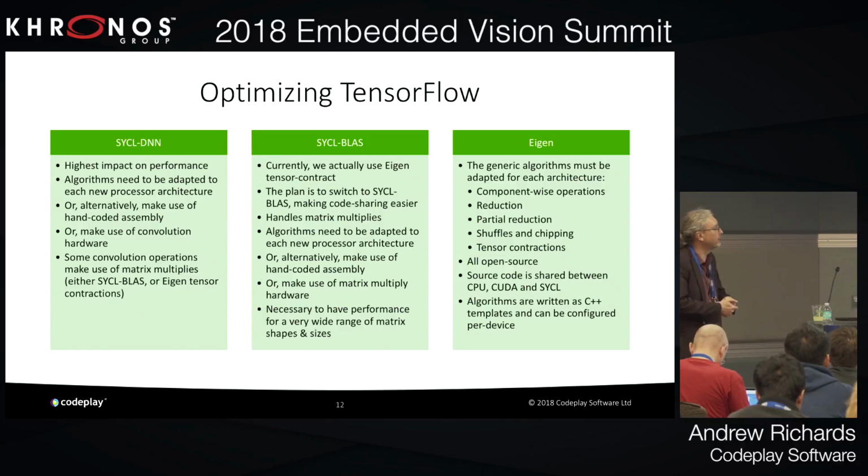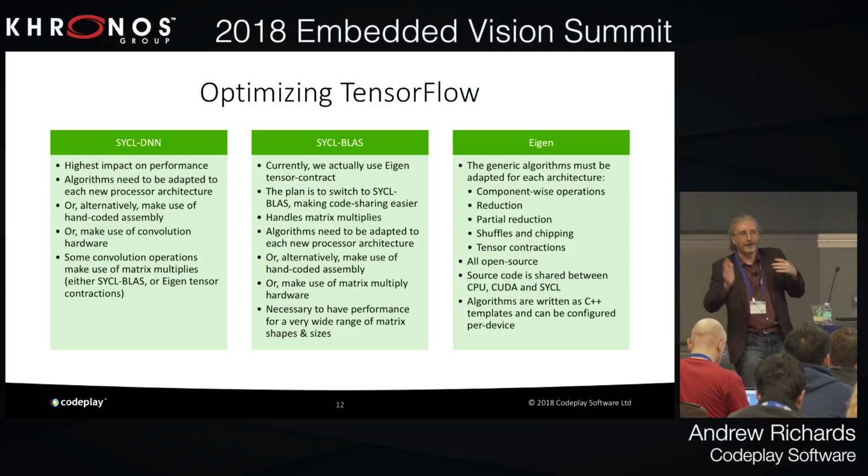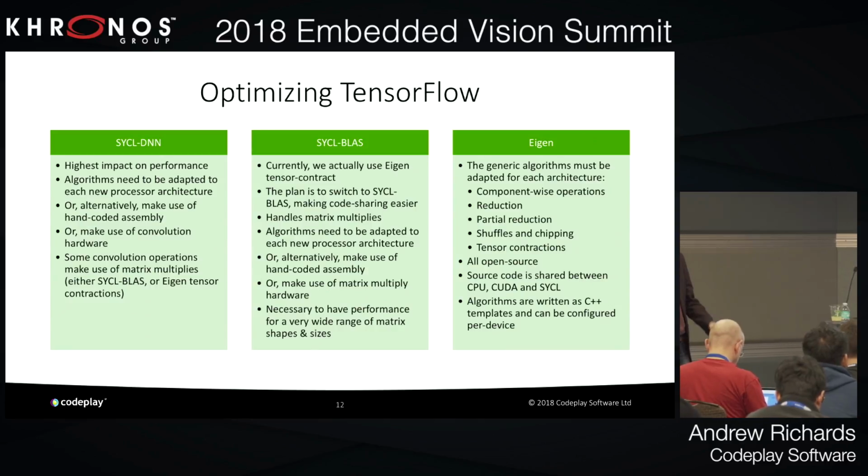It's like 8 matrix multipliers, something like that. So we also need to optimize the matrix multipliers. When I said it's the convolutions that take most of the time, actually some of those convolutions are matrix multipliers. So getting really good matrix multipliers for each processor architecture is vital.